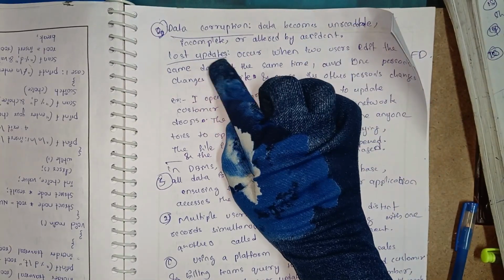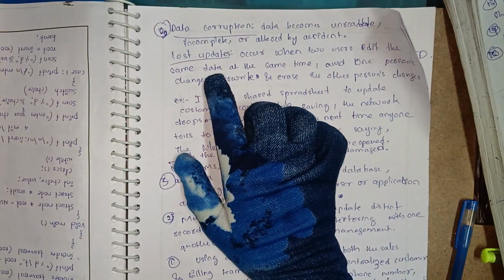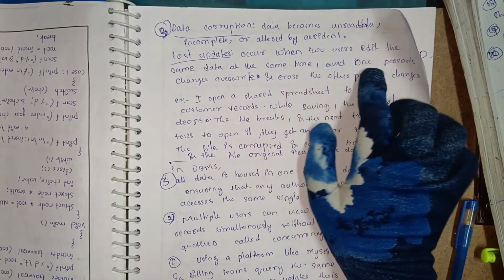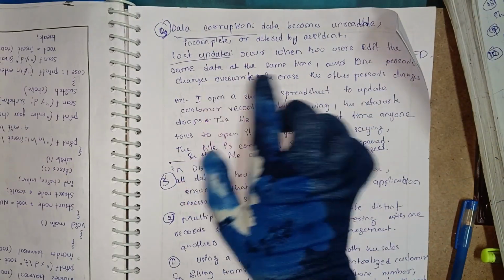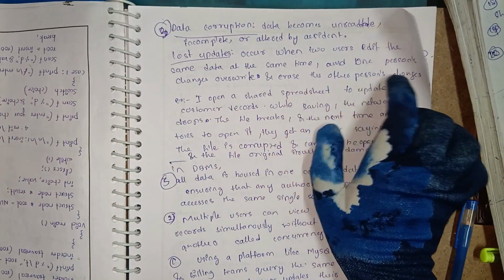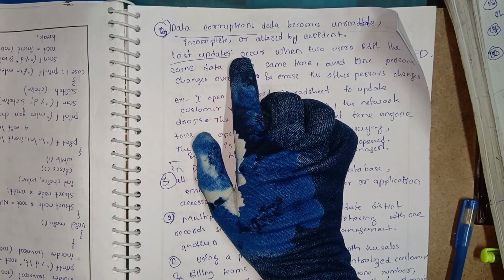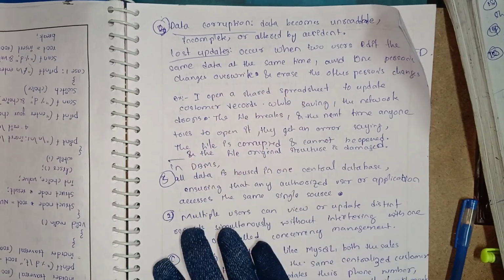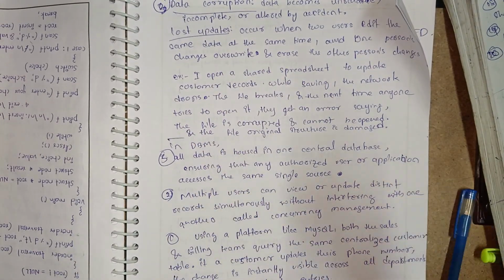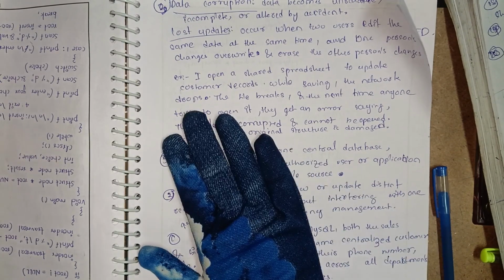A lost update occurs when two users edit the same data at the same time and one person's changes overwrite and erase the other person's changes. That is called a lost update. The first person's updates are lost by the action of the second person.